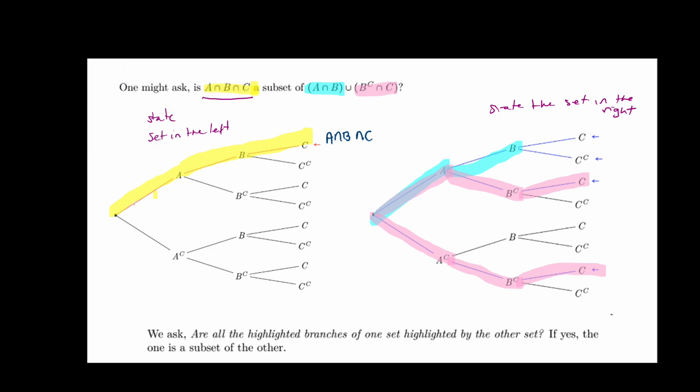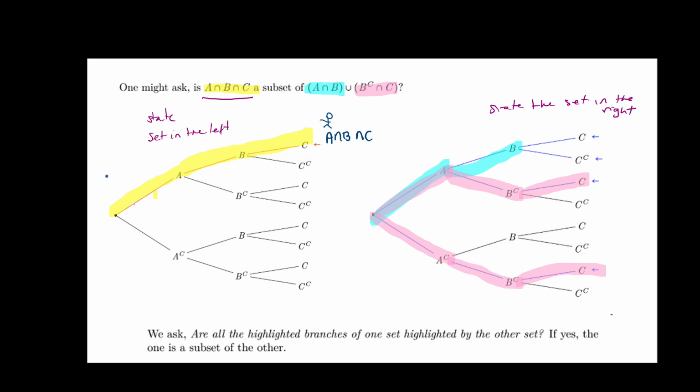It's A intersection B intersection C. So if you think about the path you're taking, you've decided to be inside A, and then you decided to be inside B, and then you decided to be inside set C. So if you're sitting here, you're sitting inside of that set. You're an element of the yellow set. Okay. So this is the path that represents this set.